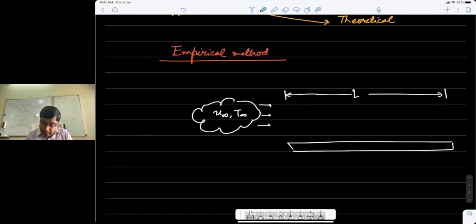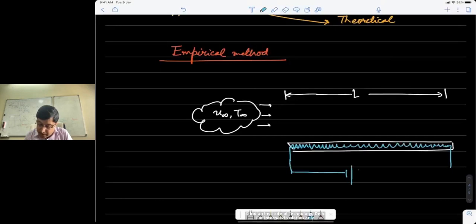What I can also do, to create a heat transfer problem, is embed a heater inside this plate by putting a slot and passing current through this heater.